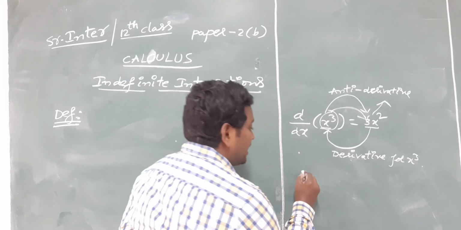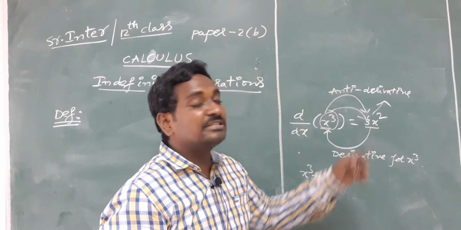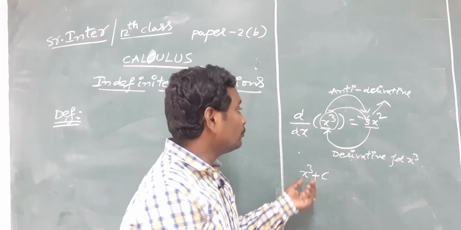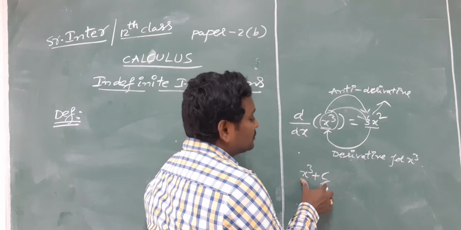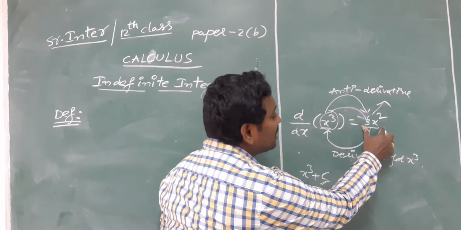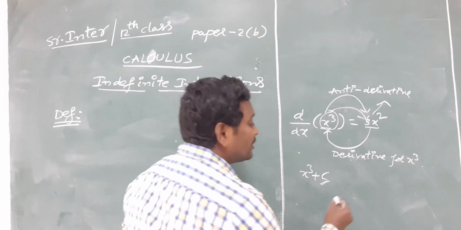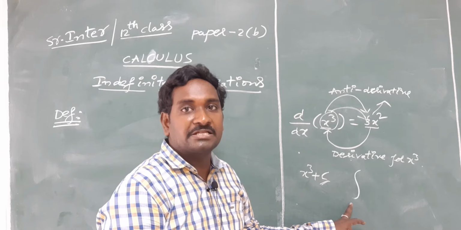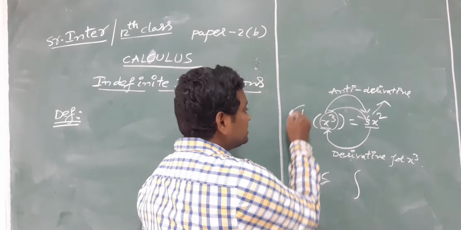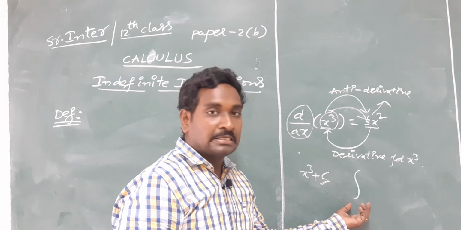That's why x cube plus c is called the indefinite integration of 3x square. Add a constant c to this function, then x cube plus c is called the integration of 3x square, and it is denoted by the integration symbol. The derivative symbol is generally d by dx; in a similar way, the integration symbol is this one.